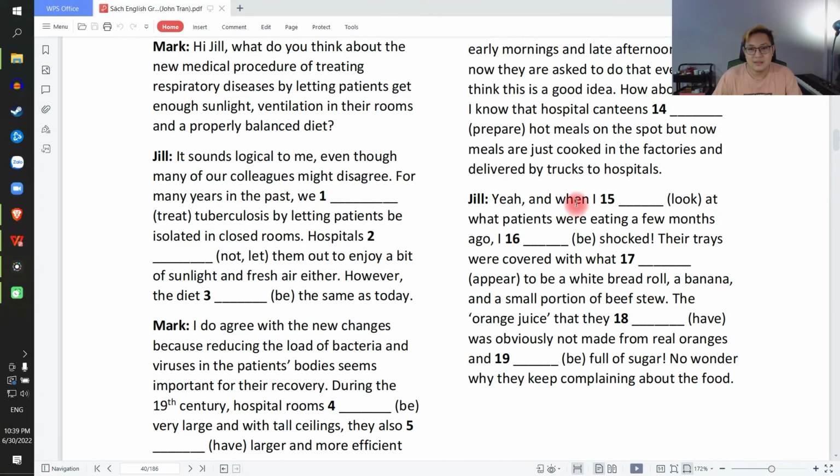15. Yeah, and when I looked at what patients were eating a few months ago, I was shocked. Their trays were covered with what appeared to be a white bread roll, a banana, and a small portion of beef stew.